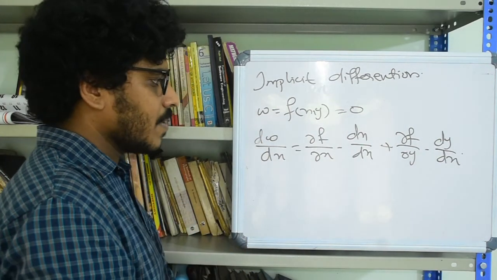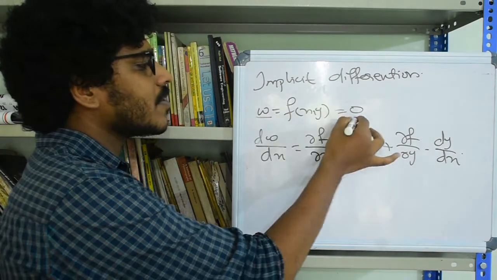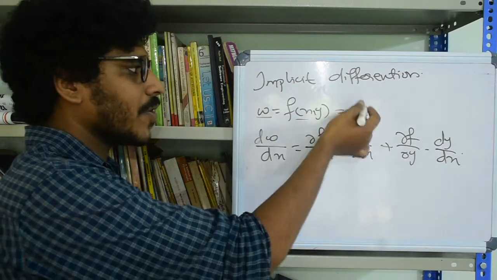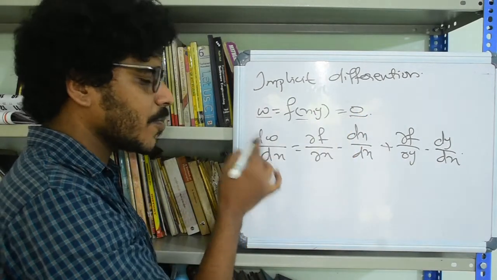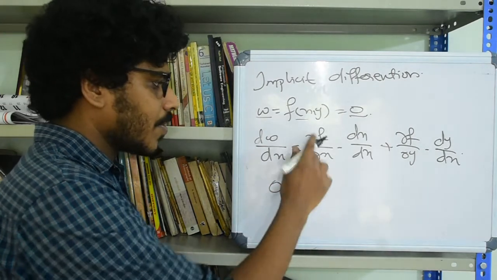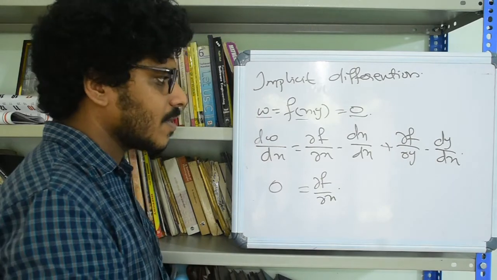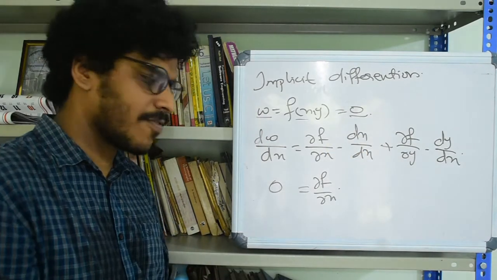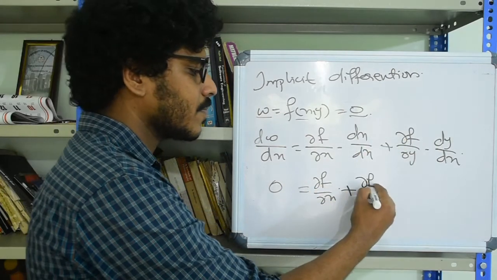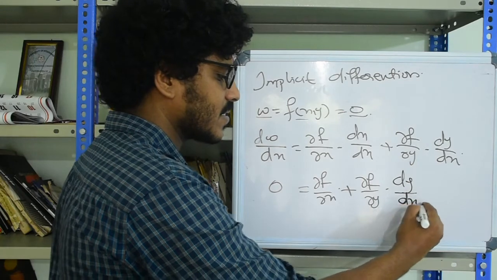Now we have certain interesting things here. w equal to f of x, y equal to 0, which means w equal to 0. So dw by dx has to be 0. So 0 equal to dou f by dou x into, what is dx by dx? 1, plus dou f by dou y into dy by dx.